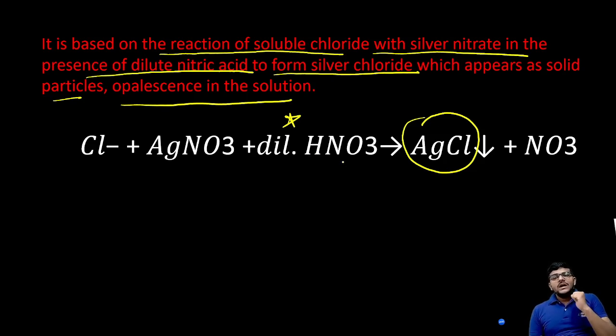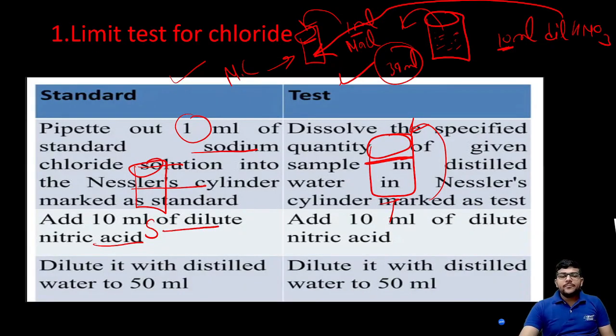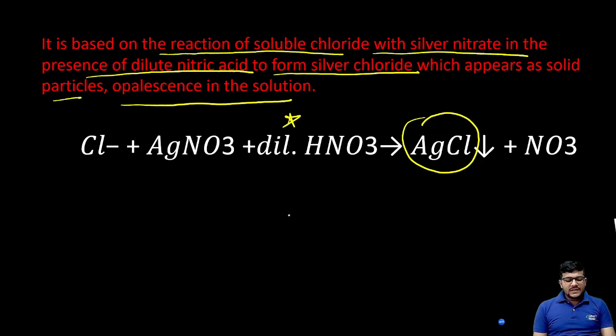Solid particles appear to be there in the solution. So there is a precipitation of AgCl and NO3 is released. We make the standard solution by taking a specific concentration. This is very important: a concentration of 25 ppm chloride is used to make the standard solution.